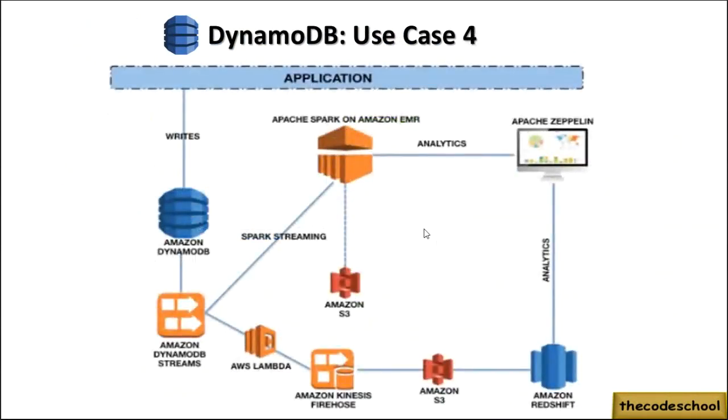Fourth use case can be where the application has analytical requirements, right? So the analytics has to be shown using Apache Zeppelin, and Apache Zeppelin is one example for showing the dashboard of the analytics, but it can be something else as well.